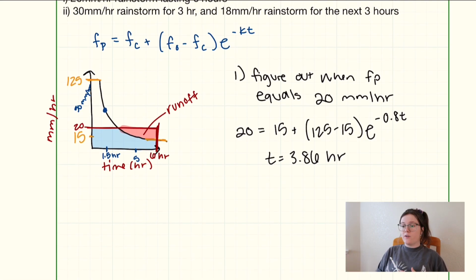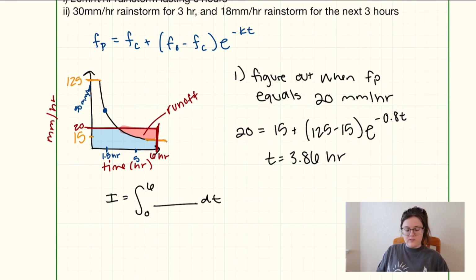So infiltration is the area under the curve, whichever is lower, the precipitation or the Horton infiltration, from 0 to 6 hours. We can't simply do the integral from 0 to 6 of something dt, because at 3.86 hours we have to switch what we're integrating.